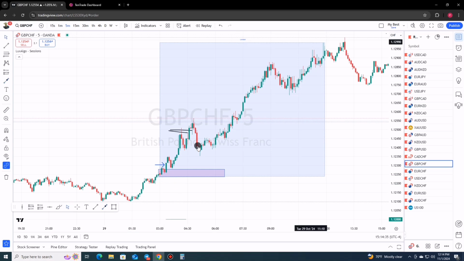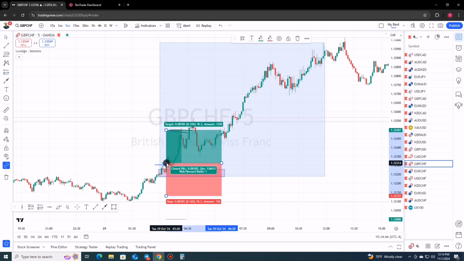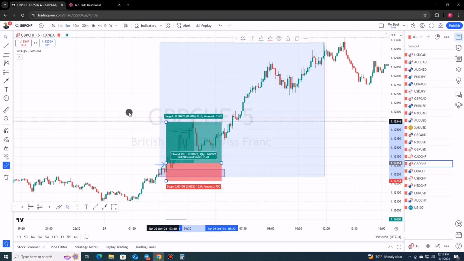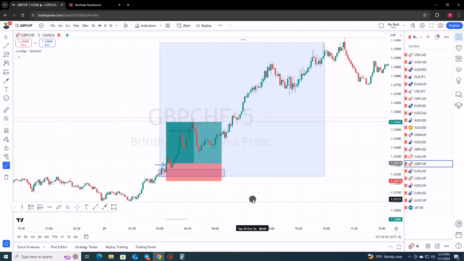Like in this case, you can see that the first clean candle closed above this rectangle. So right here, you were to place a buy, put your stop loss just below this rectangle that you have drawn, and then you just scalp 1 to 2 or even 1 to 1.